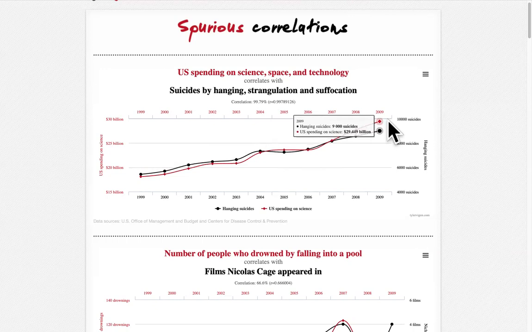But can you say that the spending on science, space, and technology increases the number of people who die by hanging suicide? It doesn't look right.